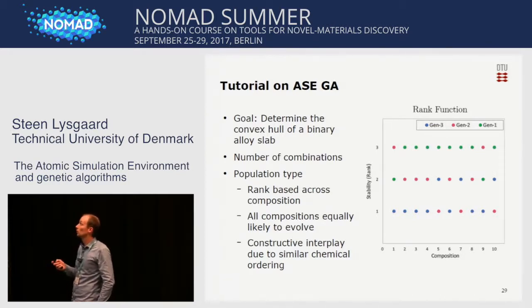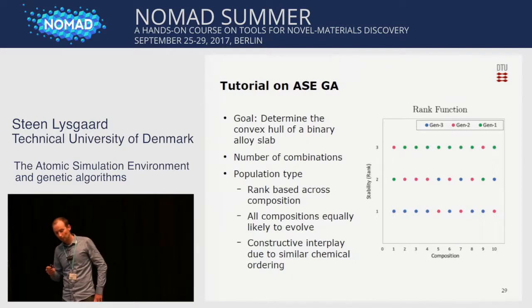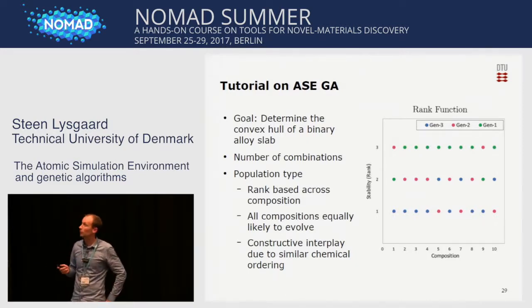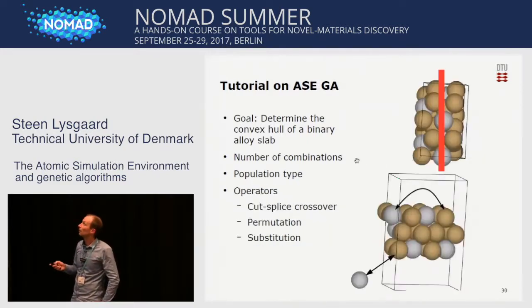This works well because there's a lot of similar chemical ordering between neighboring compositions, and you don't have to invent a good ordering for each composition.